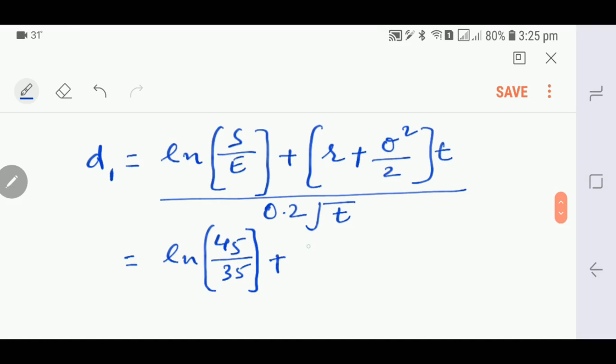Plus, now let's complete the substitution. R is the risk-free rate, which is 0.04, plus the value of sigma, the standard deviation, which is 0.2 because it was 20%.